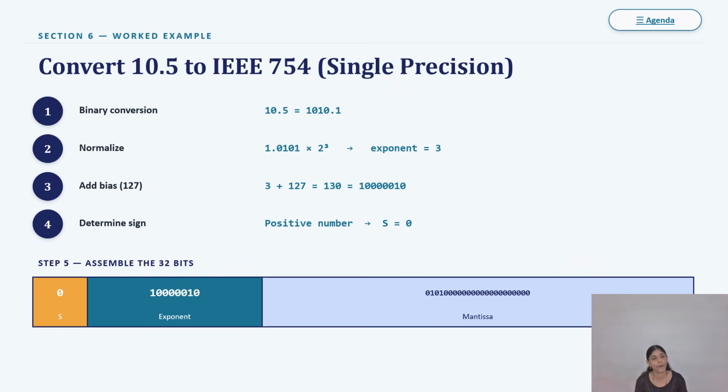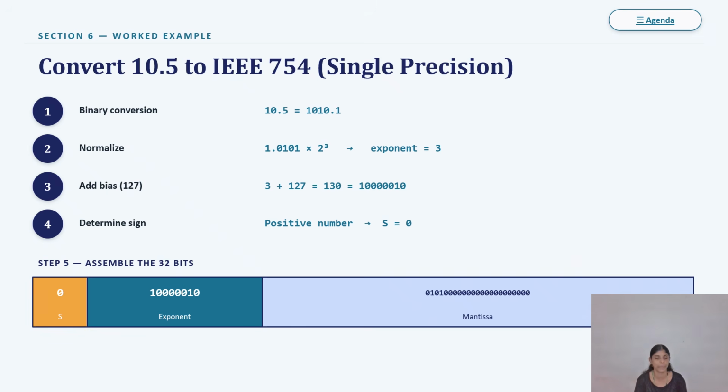In 10.5, before the dot, I mean the decimal point, is the whole number, the integer part. After the dot, 5 is the fractional part. So how to do the conversion? 10 should be continuously divided by 2, and 5 must be continuously multiplied by 2.